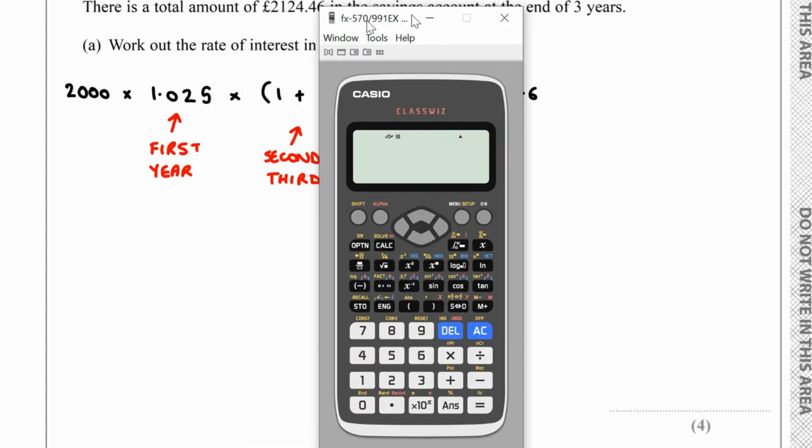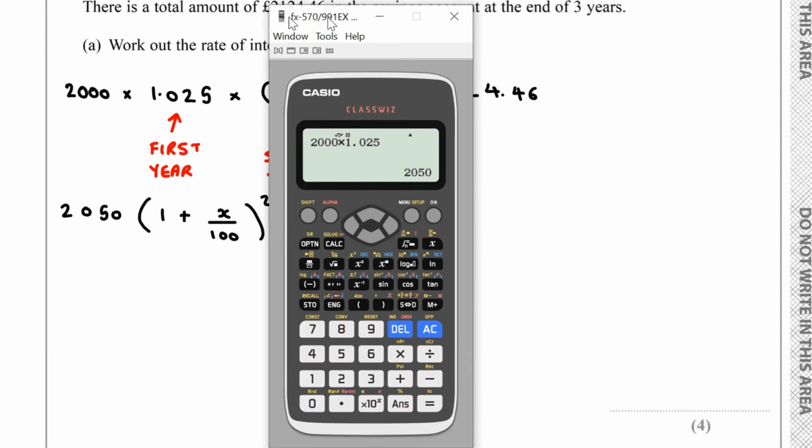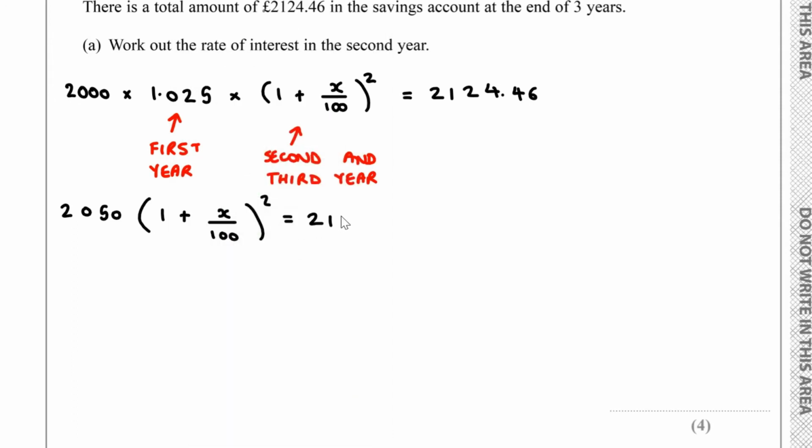You can see here, we've got 2,000 being multiplied by 1.025. So here we get 2050 multiplied by 1 plus x over 100 squared, and this is equal to 2124.46.